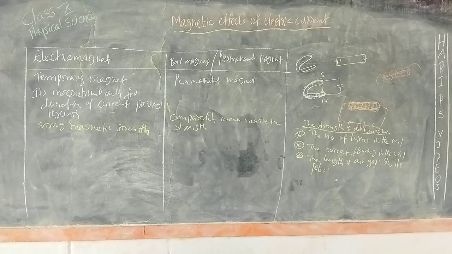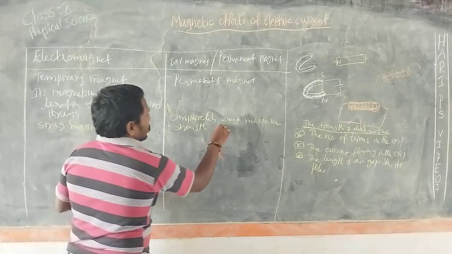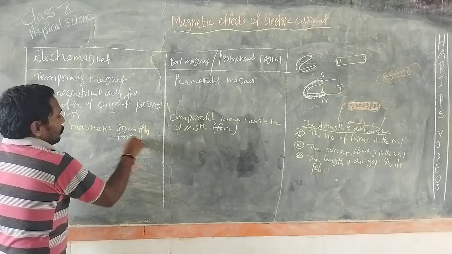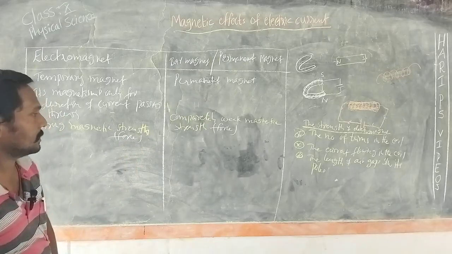An electromagnet can produce very strong magnetic force, whereas a permanent magnet produces comparatively less magnetic force.